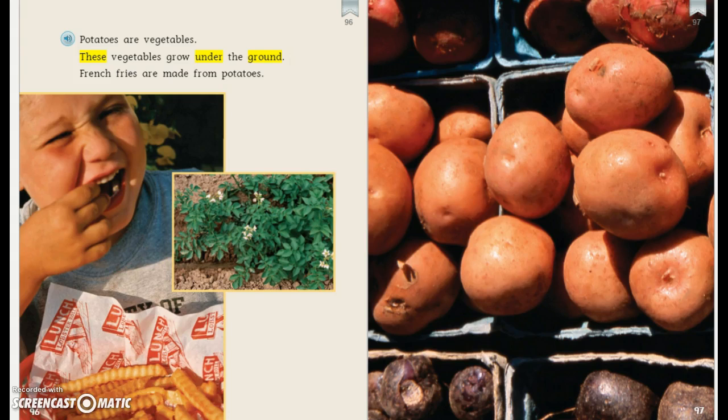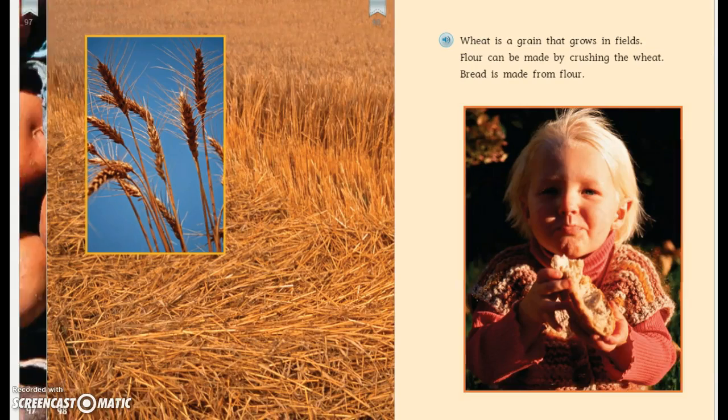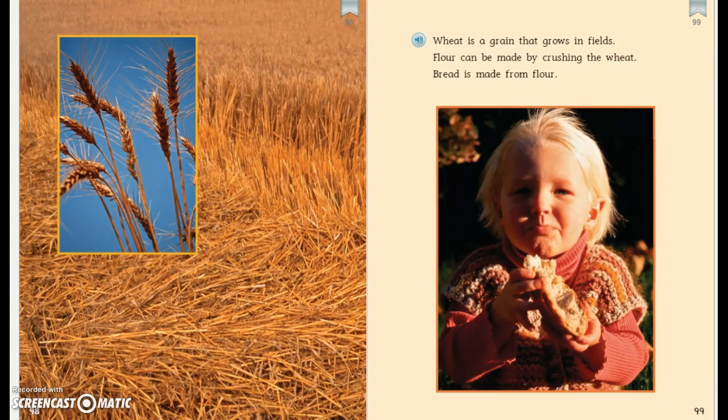What do you think the authors want you to know about where foods such as potatoes come from? What facts do you learn from the words and the photographs on these pages? How do the two pictures on pages 98 and 99 help you learn more about wheat?